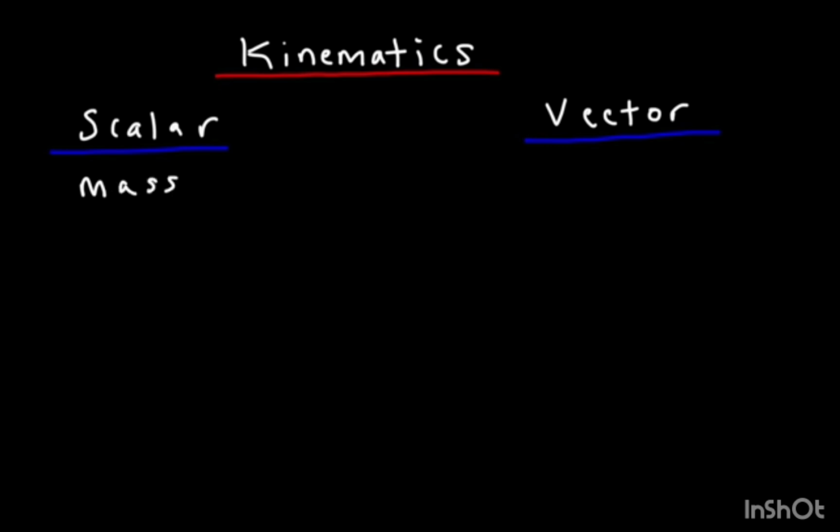You could say that a book has 2 kilograms of mass. The 2 kilograms would be the magnitude of the mass of the book. But you wouldn't say the book has 2 kilograms of mass east. Direction wouldn't apply for mass. So mass cannot be a vector quantity.